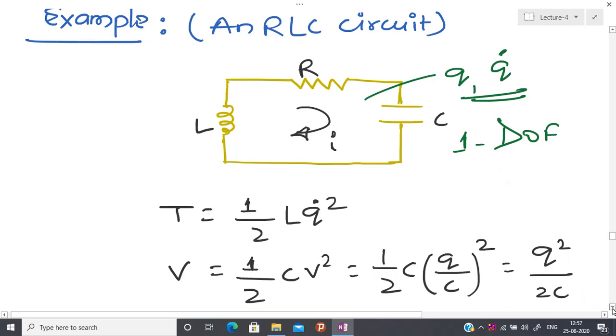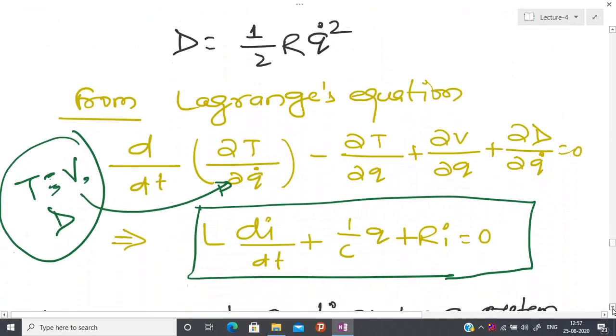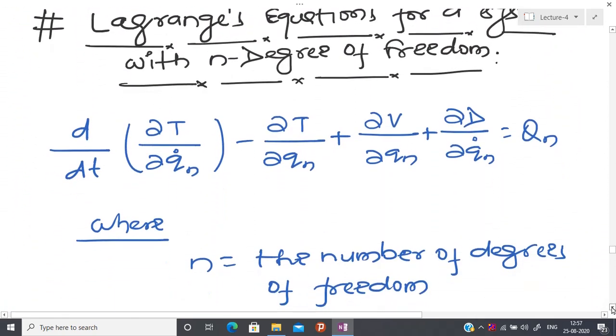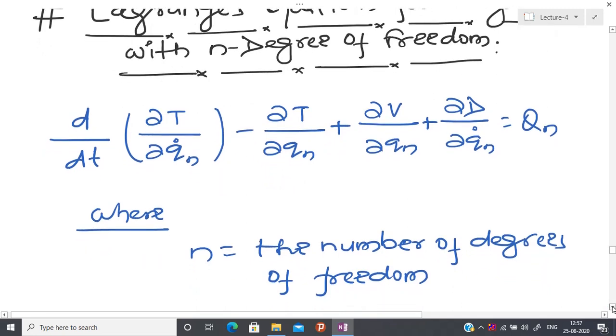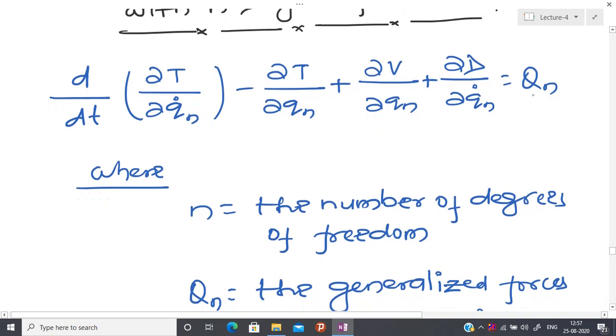Now suppose I have more than 1 degree of freedom, then basically I have to formulate the same kind of equation, and the number of equations equals the number of degrees of freedom. For each degree of freedom I have one equation. Here again the cause balance principle comes into the picture. The external force is creating some kind of cause, and this is the effect, so somehow I am balancing here.